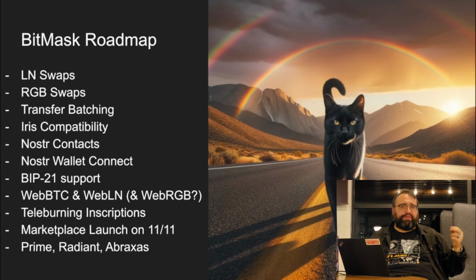You could imagine an app that you sign in with your Nostr account, and you have your Nostr peers, your followers, whatever, and those are your contacts. Kind of like how Venmo or Cash App or Strike has contacts, where you send your money to your peers. We want to have that capability in Bitmask.